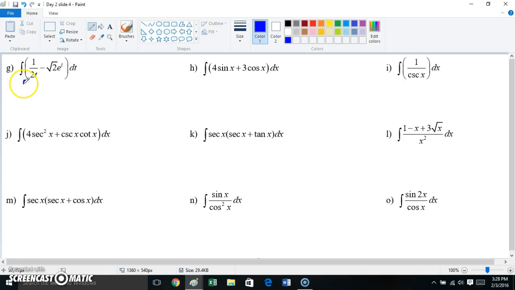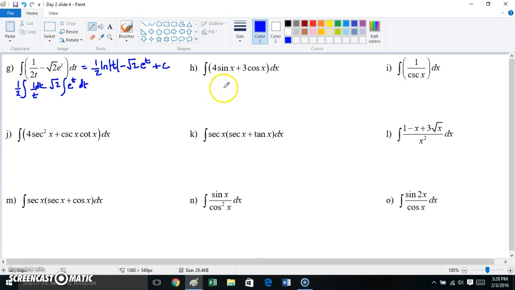So we can look at this as 1/2 the integral of 1 over t, minus the square root of 2, the integral of e to the t. All right, that integral turns out to be 1/2 the natural log of the absolute value of t, minus the square root of 2 e to the t plus c.